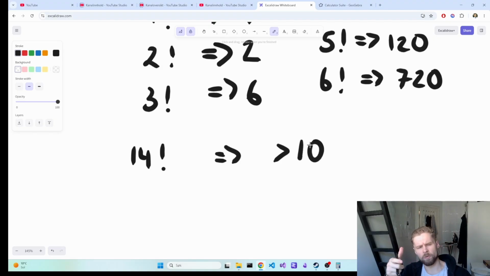But I also know that 14 factorial is, I mean, the number, if n is 14, right? Still, the number of digits is less than n, all the way over here. N or fewer digits.